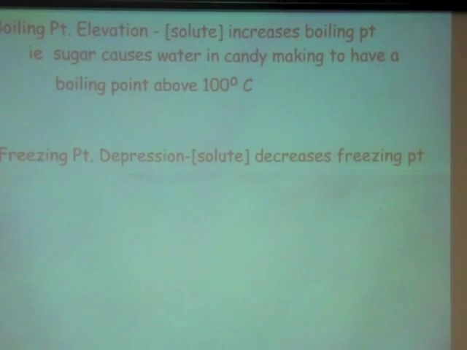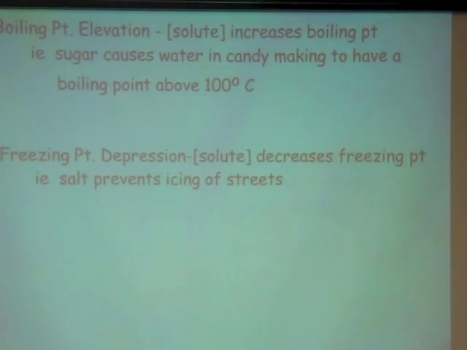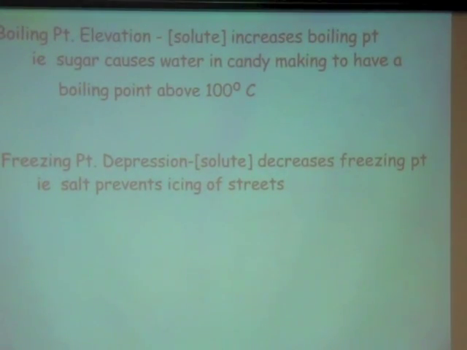Where else do we use this to our advantage? Now, here in Southern California, we really don't know this so much because we don't have to deal with it. But if you lay salt out on the roads, it will lower the freezing point of water so that at 32 degrees Fahrenheit or 0 degrees Celsius, water won't freeze on the roads.